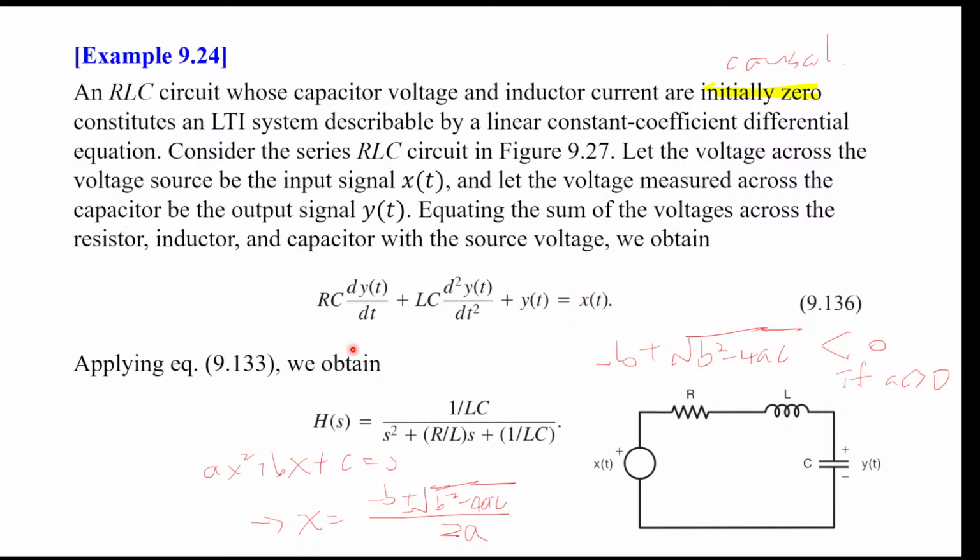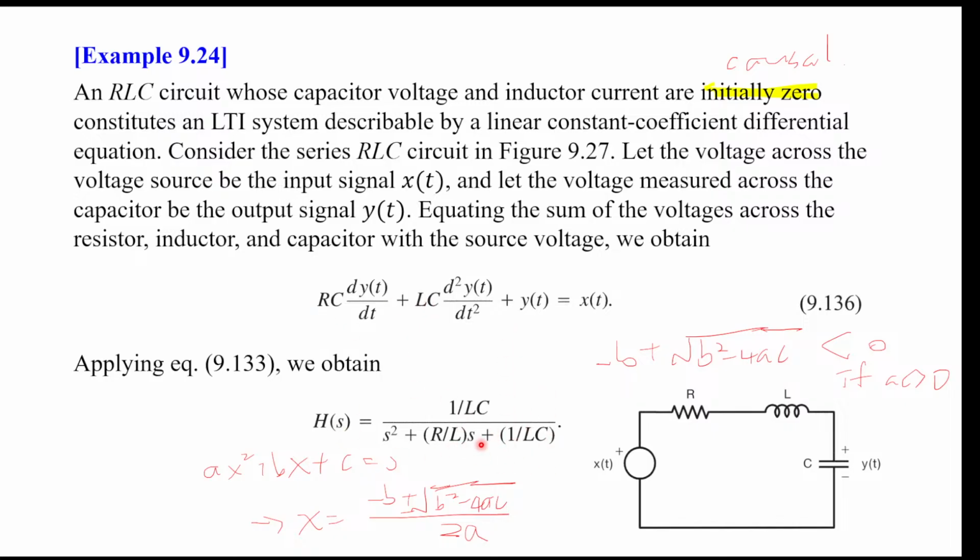Because it's the highest order, you divide LC to the other side. So on this side you have 1 over LC, and on the other side you have s squared plus R divided by L times s plus 1 over LC.